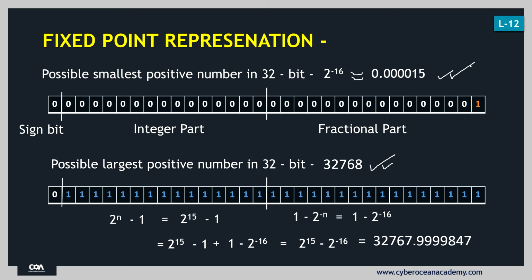To go beyond these limitations, we have to study floating point representation. This type of problem does not exist in floating point representation. We will discuss floating point notation in the next lecture.